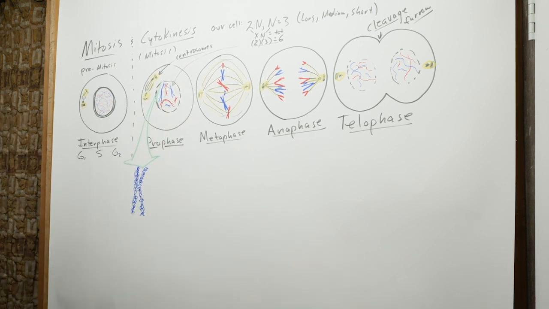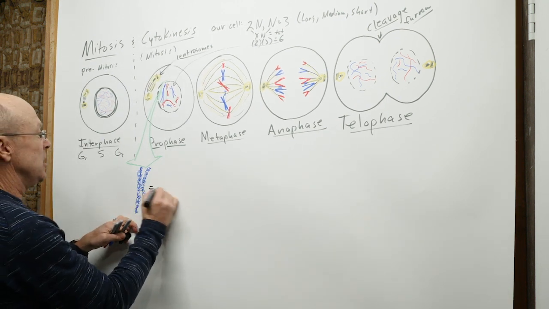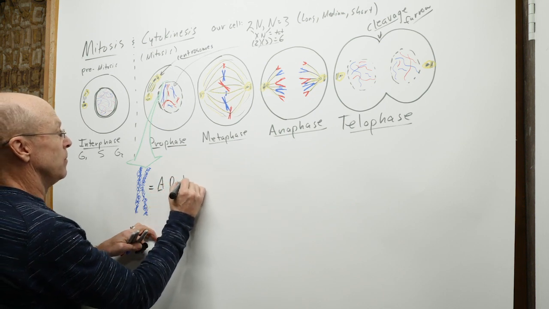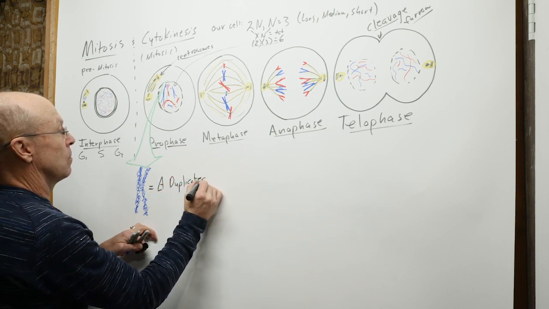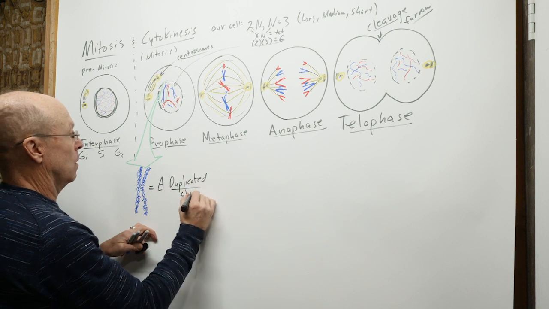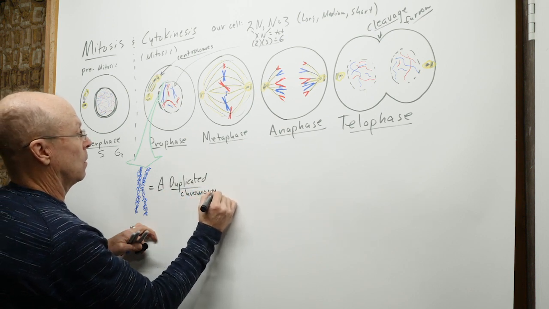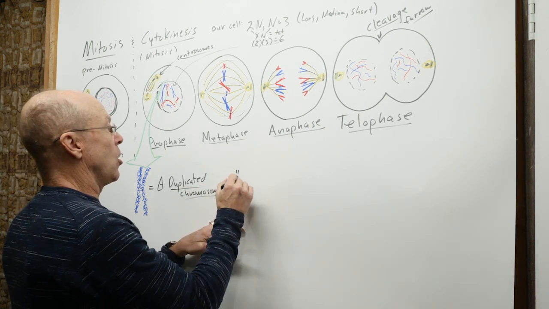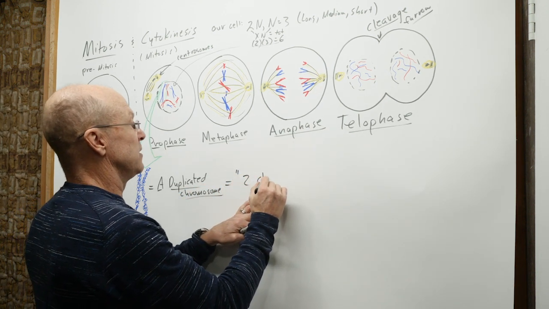So now we know what that thing is, and every chromosome is in this state. We call this equal to what? A singular duplicated chromosome. A duplicated chromosome is equal to what we call 2 chromatids and a centromere.